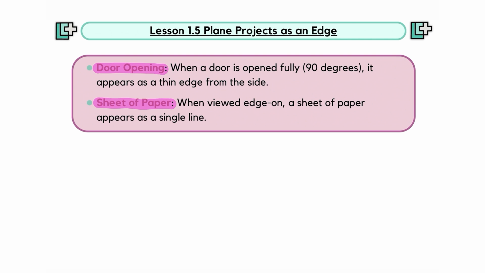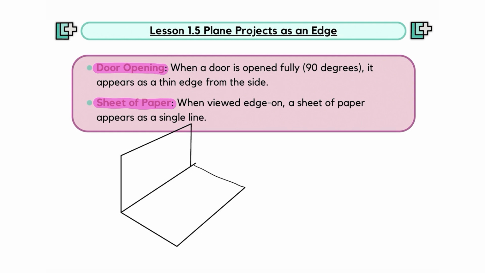One of the most simple examples of this would be in orthographic projection. So our orthographic projections are often set up so that they are constructed from a horizontal plane and a vertical plane. And where these two planes intersect is often referred to as the XY line.